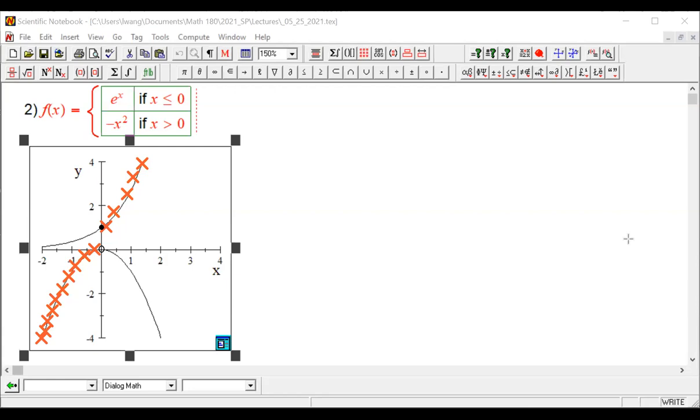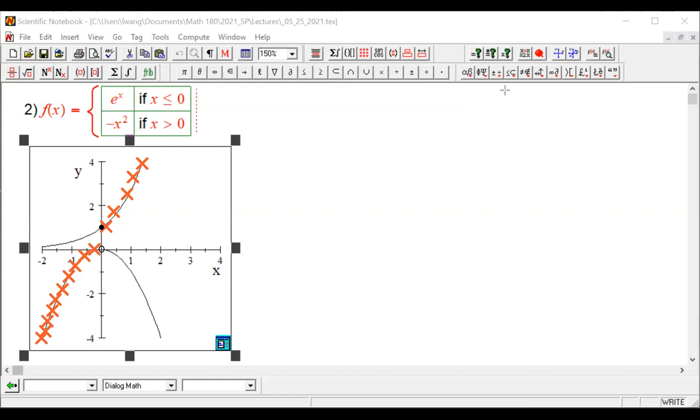So this is a piecewise function. And number 4, I'm going to leave it for you. I think you can do it. Same idea, they're all the same idea. So your curve should be nice and clean.